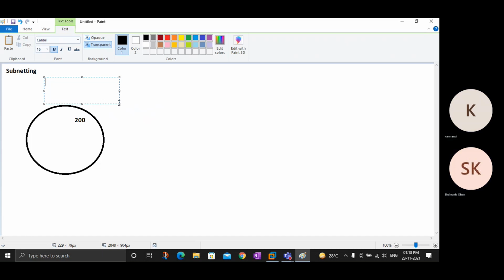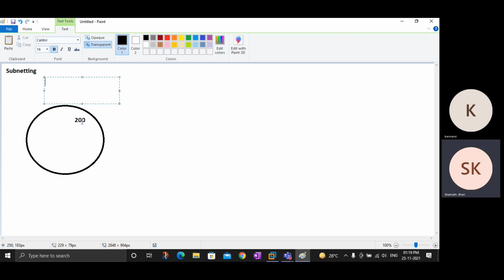Um, class A. No, class A will not be suitable because in class A we have 1 crore 67 lakh something IP addresses in a single network. But in our case, we only need 200, and it may increase, but I think it will not go above 250.